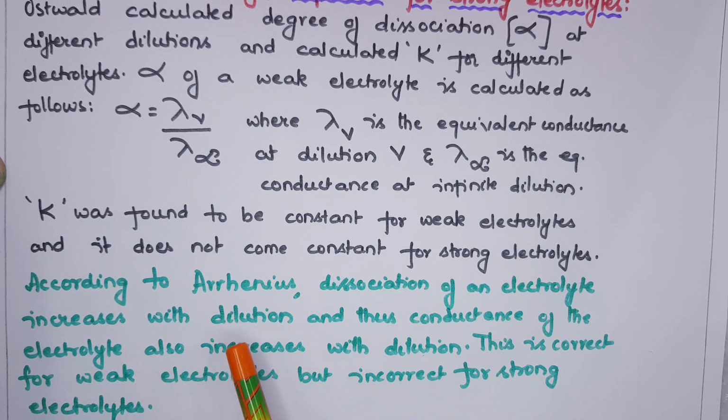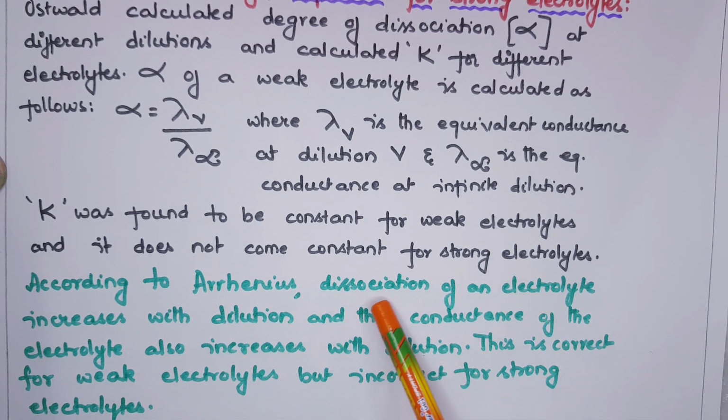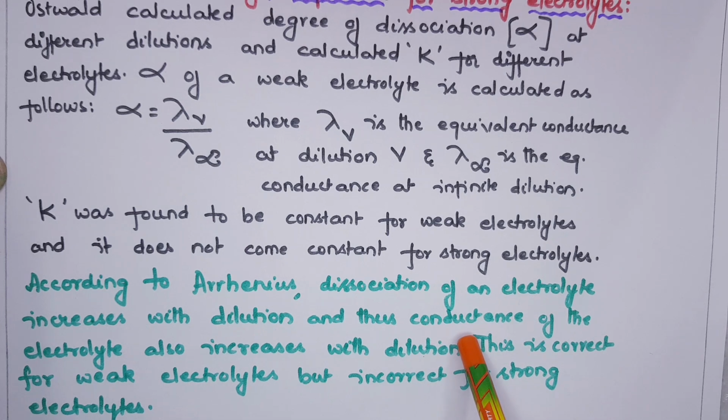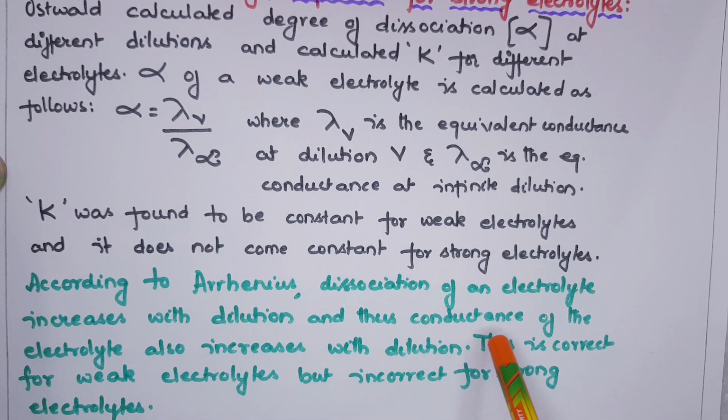Okay, and as dissociation is increasing, the conductance of that electrolyte also increases. Okay, so on dilution we can say dissociation increases and also the conductance of the electrolyte increases. This is according to Arrhenius. This we have learned from Arrhenius theory.